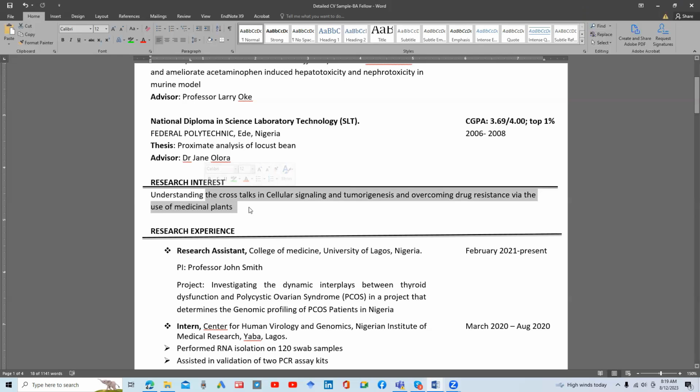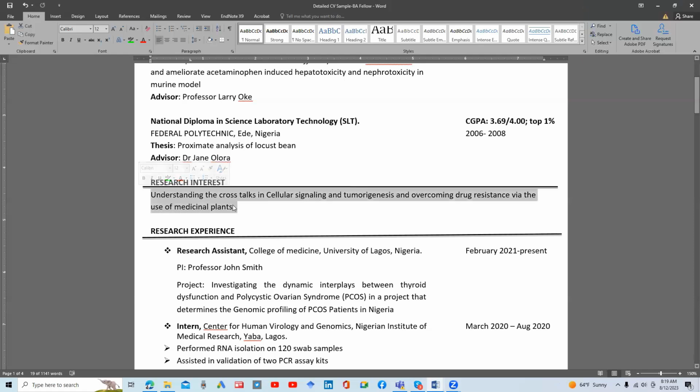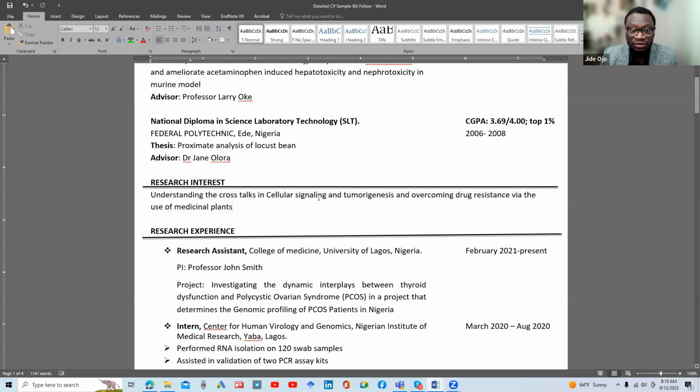So in essence, if you are going to use the same CV for, let's say, 5 schools, you have to be careful about this section, because what you will find in each school or department might be different, right? Except you are sure that this same research interest can be found across all schools.